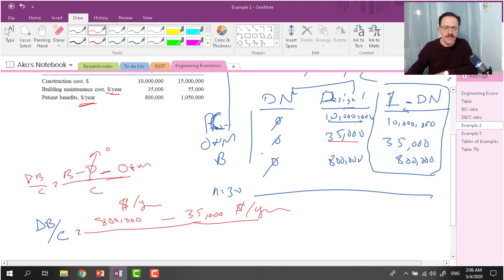The cost I mean is the first cost. The first cost is $10 million. This is in terms of dollars only, so you have to convert it. So P, make it A, with n equal to 13 and i equal to 5%.